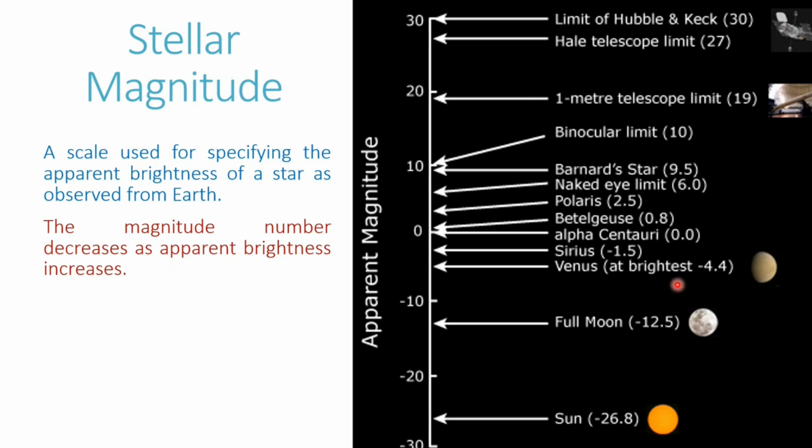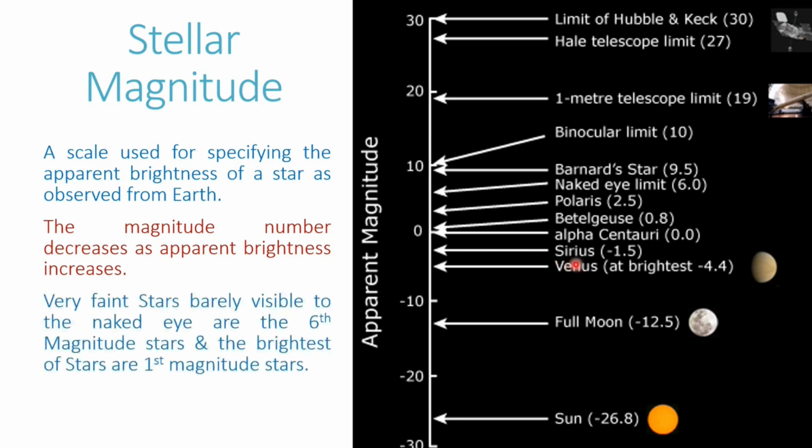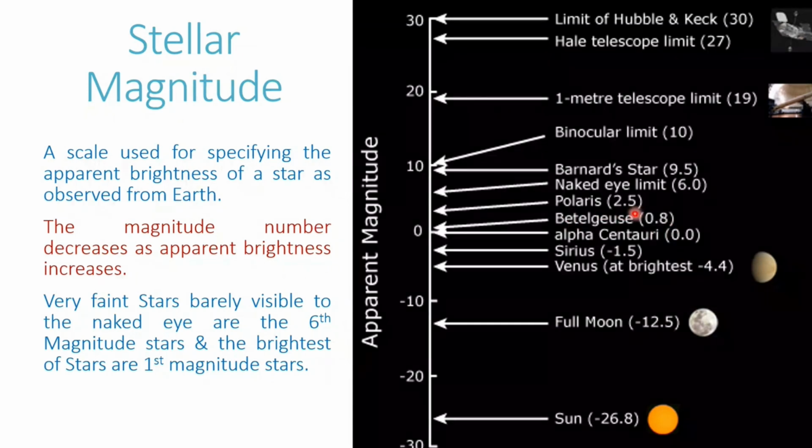When it is at its brightest, it has a stellar magnitude of minus 4.4. Then we have star Sirius having a stellar magnitude of minus 1.5. Then Alpha Centauri, the nearest star to us after the sun, having a stellar magnitude of 0.0. Then Betelgeuse 0.8, Polaris 2.5.